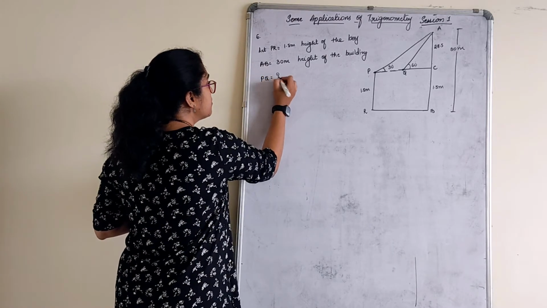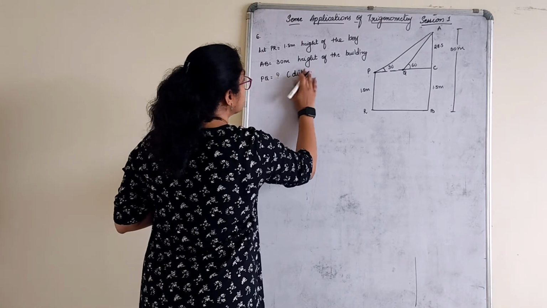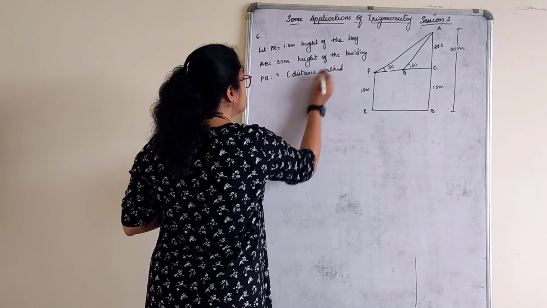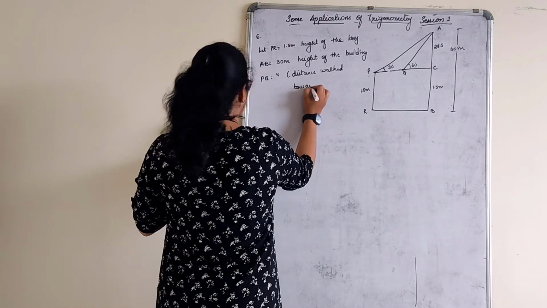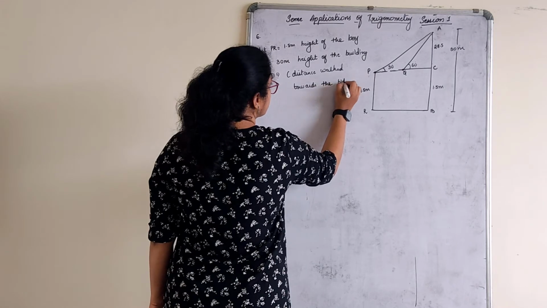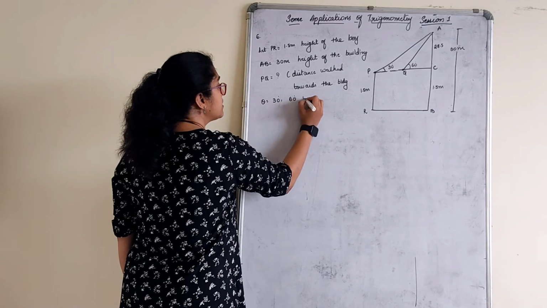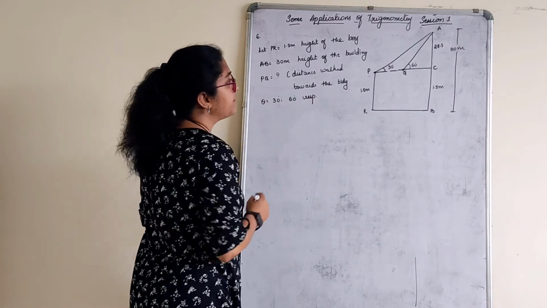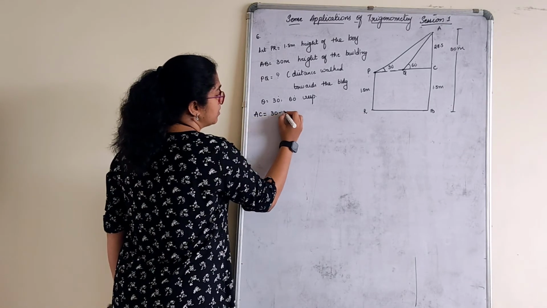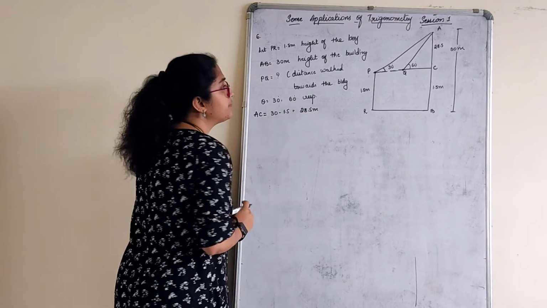PQ is the distance we have to find, the distance walked towards the tower or building, towards the building. Theta is equal to 30 degrees and 60 degrees respectively. Then just mention what sides you have written. AC is equal to 30 minus 1.5, that is 28.5 meter.